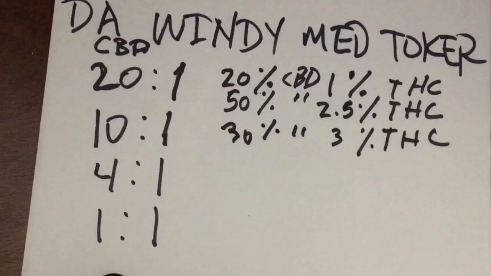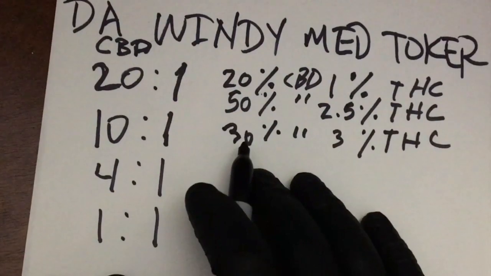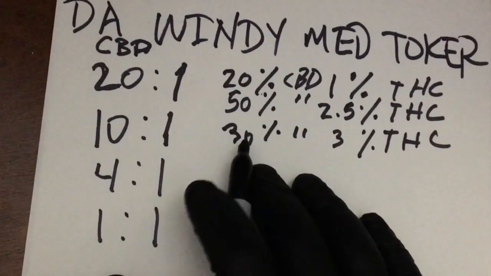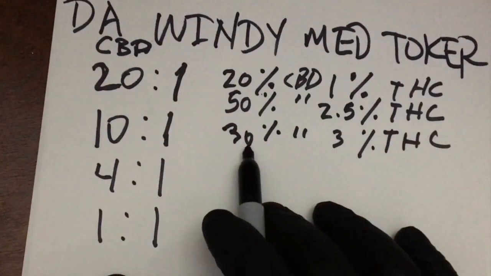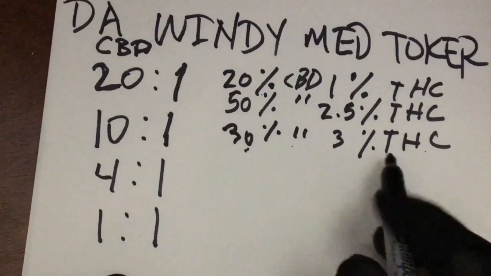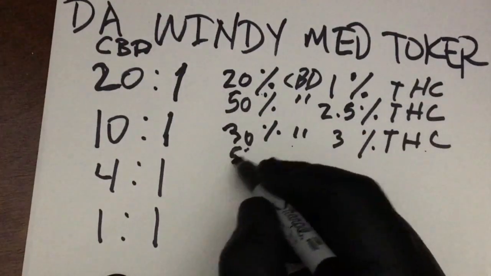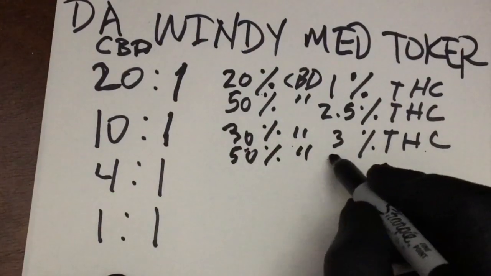Anything or everything, THC, CBD. Again, if it was reversed and it was more of a THC stronger strain, it would be the other way around. Instead of it being 30% CBD, it would be 30% THC and then 3% CBD. Okay, so if you had 50% CBD, you would have 5% THC.